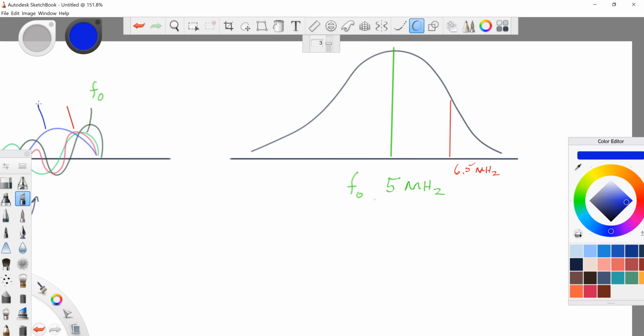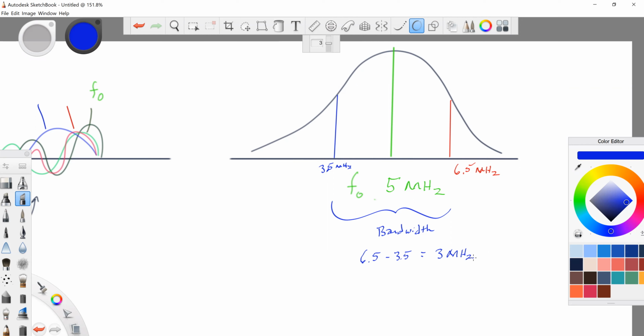That one was my lowest. Put that right about here. And what was that? 3.5. Okay, so this is my bandwidth. 6.5 minus 3.5 is equal to 3 megahertz is the bandwidth.